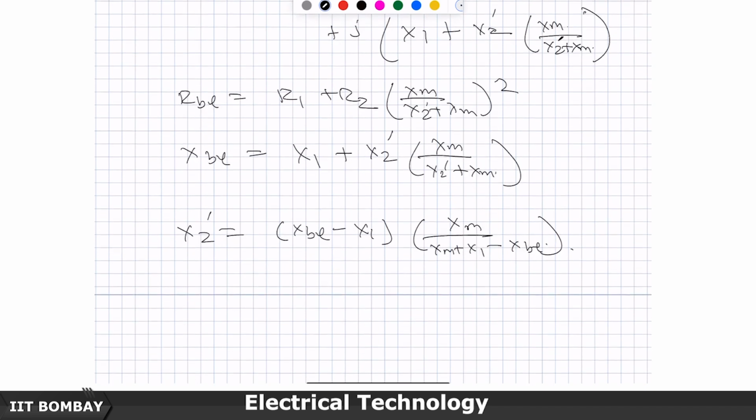x_BL, and I can write R2' also by taking this here on this side and remanipulating it.